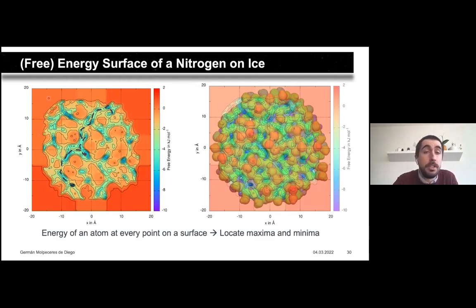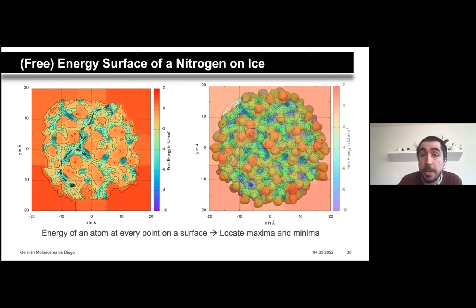If we superimpose this kind of potential energy map on the real surface, we observe that the sites where the binding energy is lower, and therefore where the molecule or the atom is mostly attracted by the surface, are represented by blue points, and the forbidden regions, or the regions where the repulsive energy is higher, are represented by red points.